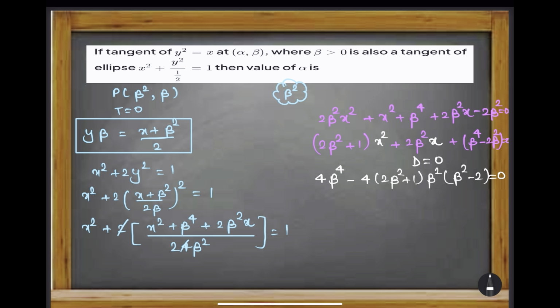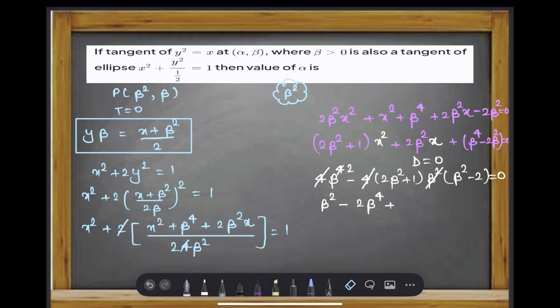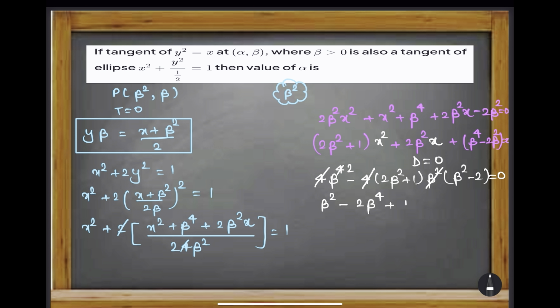Okay. Now can I divide both sides by 4? Yes. Can I divide both sides by beta square? Because beta is a positive number, beta square will also be a positive number. So I can divide both sides by a positive number. So we got beta square minus 2 times beta power 4 plus 4 times beta square minus beta square plus 2 equals 0.